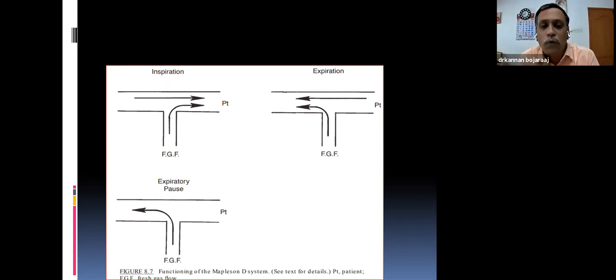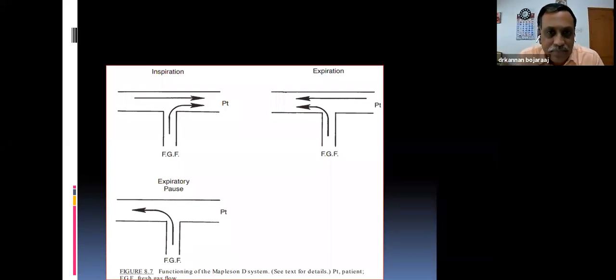You can understand the role of fresh gas flow in venting out the gases present in the expiratory limb. Otherwise, if it is not vented properly, what happens? Whatever is in the limb will be sucked back into the patient during the next inspiration. That is why the role of fresh gas flow is most important in the efficiency of this system.